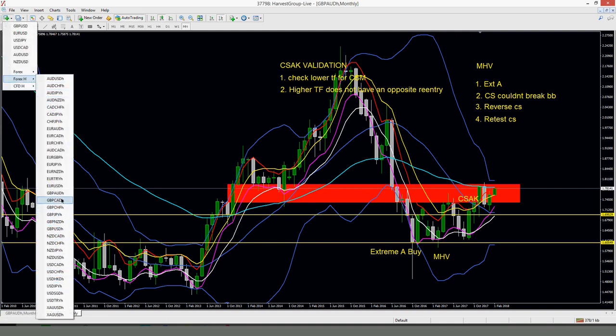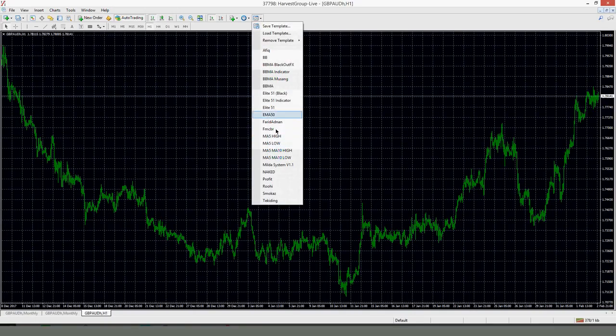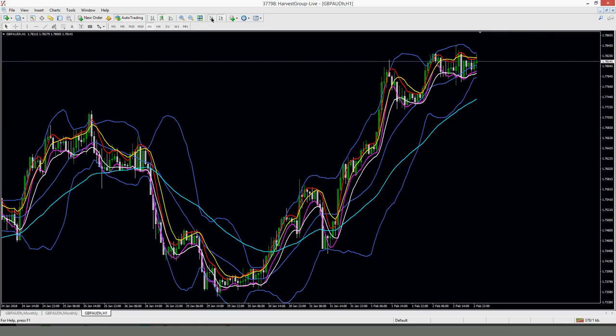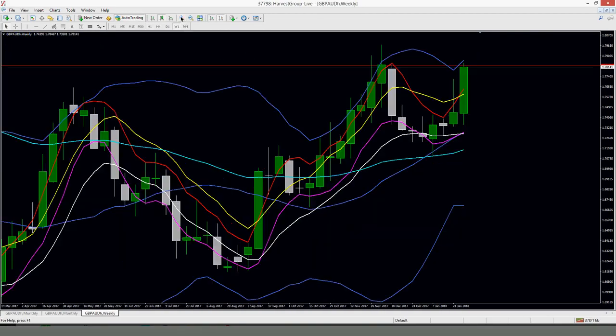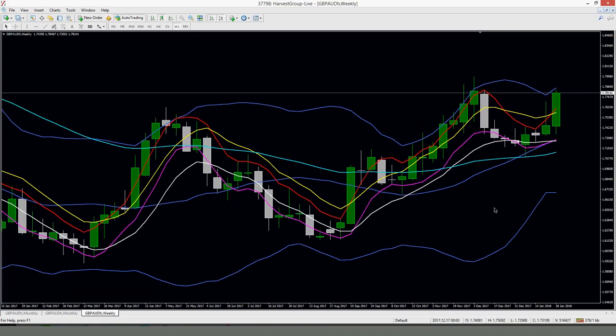Then we move on to its weekly. So at the weekly, we need to see what's happening over here.